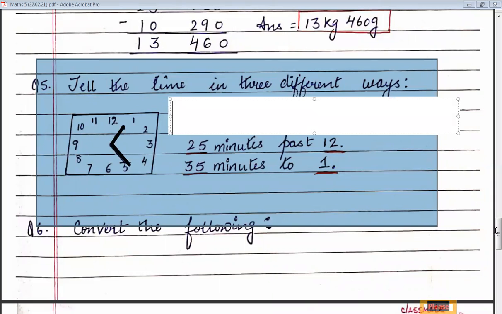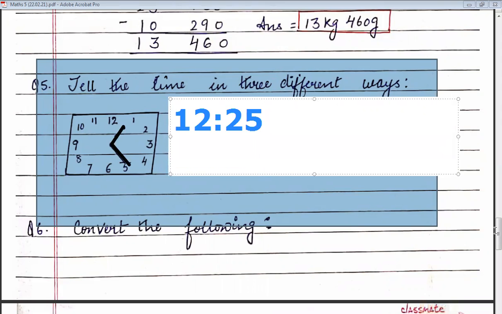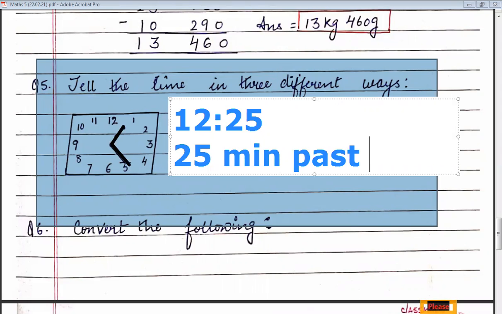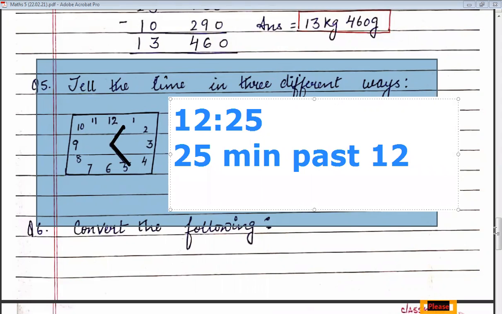So now children, as it is at 12, so it is 12 hour 25 minutes. Okay, so it's 12:25. Now another way of writing it, it's 25 minutes past 12. Okay, so now next is, if 25 minutes already passed, how many minutes are still left for 1 o'clock?